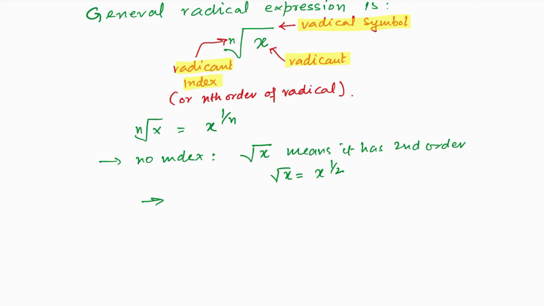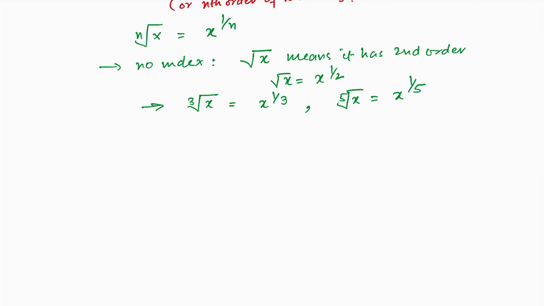But if it is different, let's say I have 3 in this radical symbol, that means the x exponent is 1 over 3. Or if I have 5 in this index place, that means x raised to the power 1 over 5, and so on. That's how radicals look.